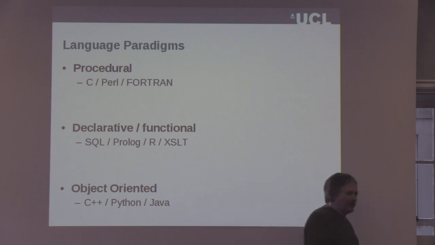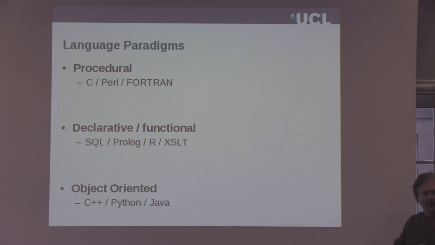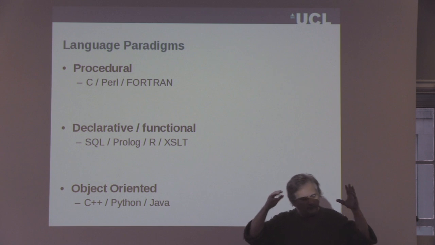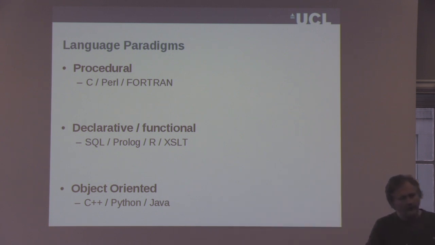Object-oriented languages, on the other hand, rather than being a program you start at the beginning and stop at the end, they have this concept of objects, which is a thing with data and methods or procedures associated with it.